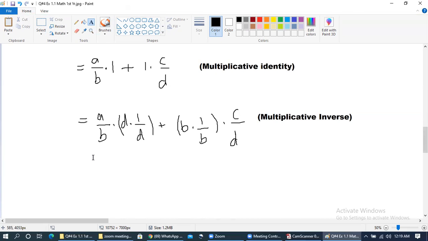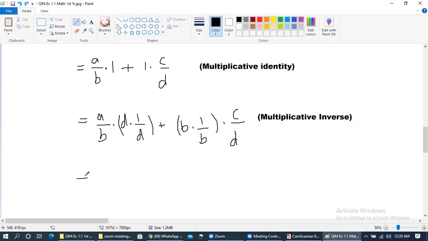Now we can see here that this is D multiplied by 1. This is D multiplied by 1. So D multiplied by 1 can be written as D, because of the multiplicative identity.